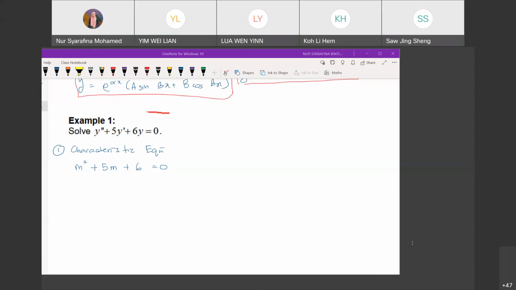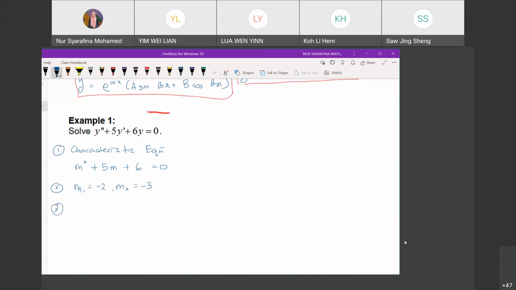So solving this quadratic will give you m1 equals minus 2, m2 equals minus 3, or vice versa.